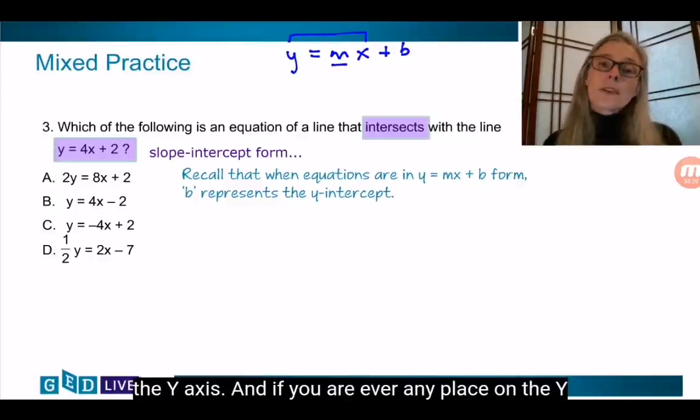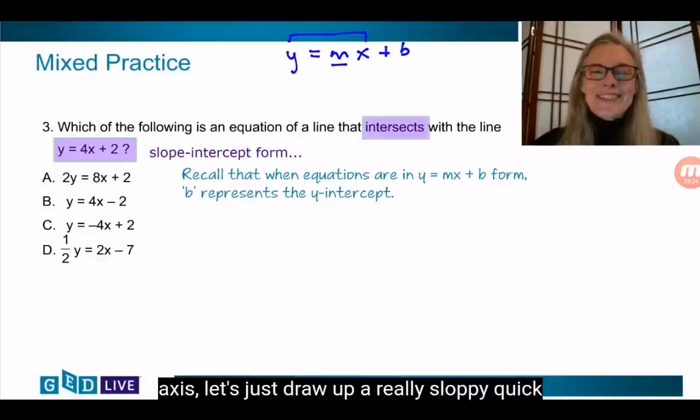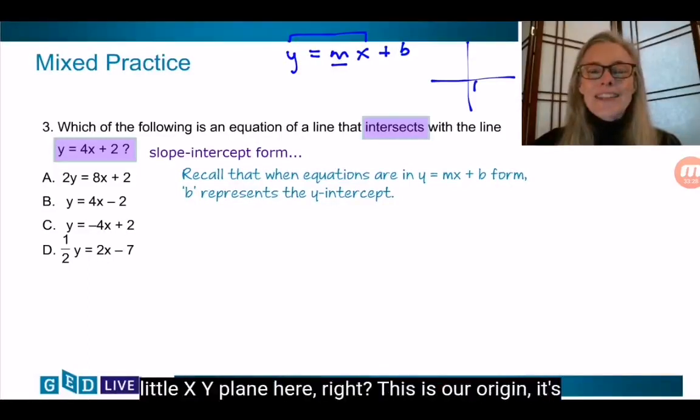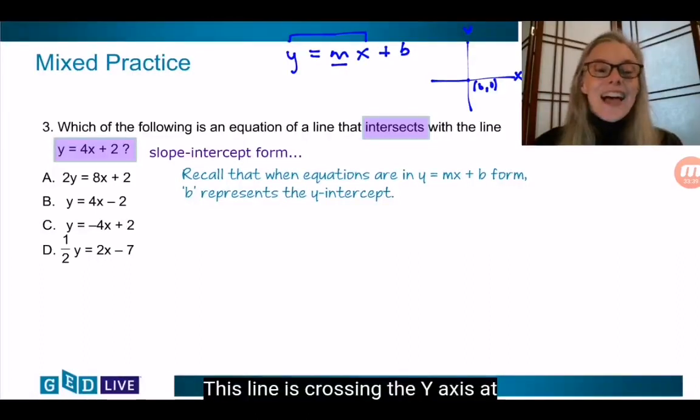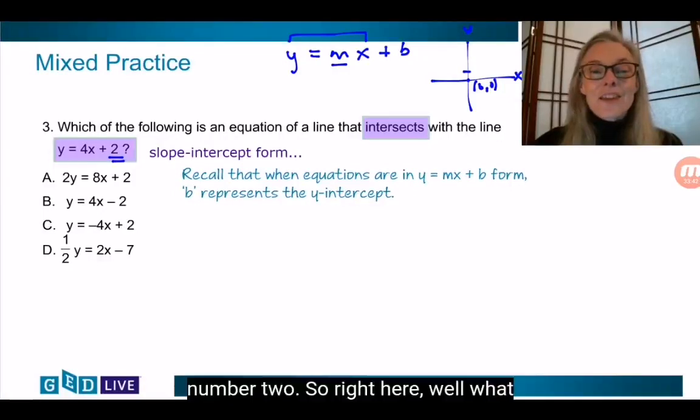the y-axis. And if you are ever any place on the y-axis, let's just draw up a really sloppy, quick little xy plane here. This is our origin. It's 0, 0. Here's the x-axis. Here's the y-axis. This line is crossing the y-axis at number 2.